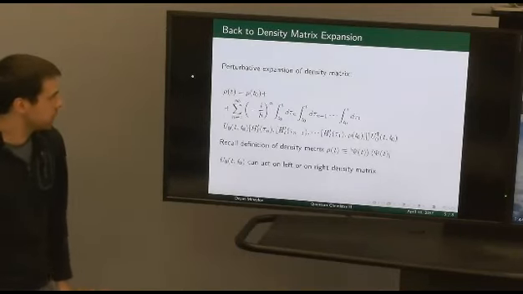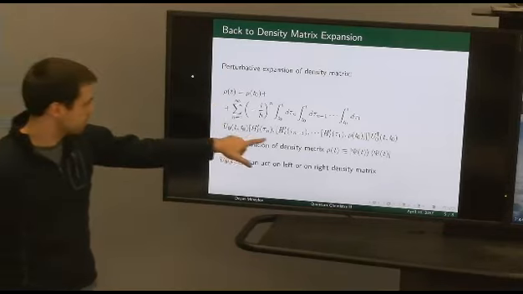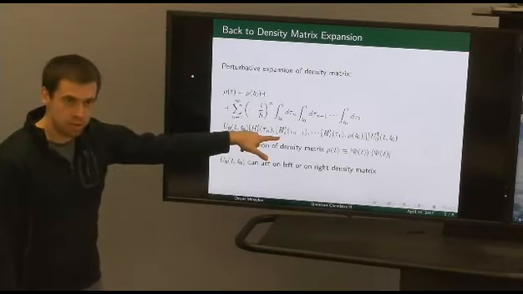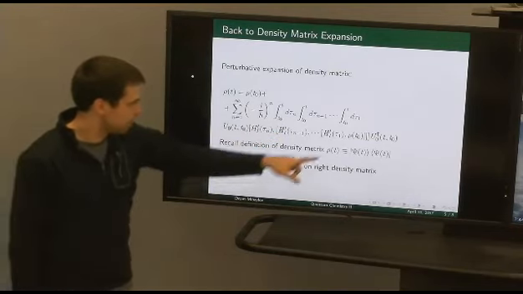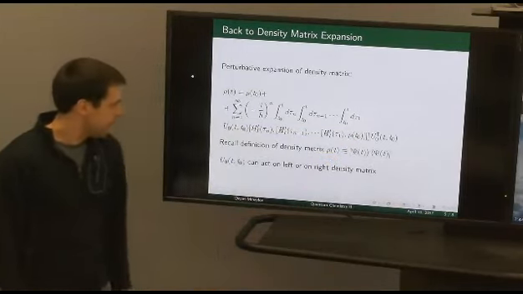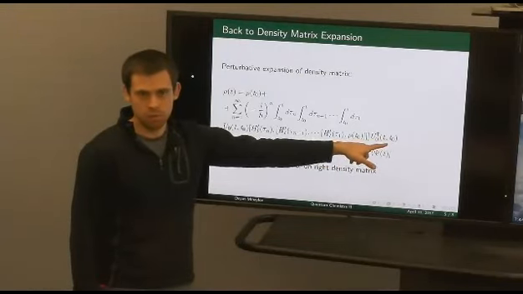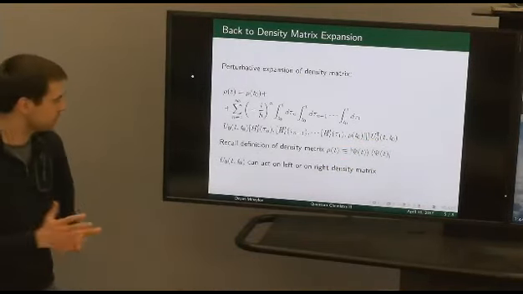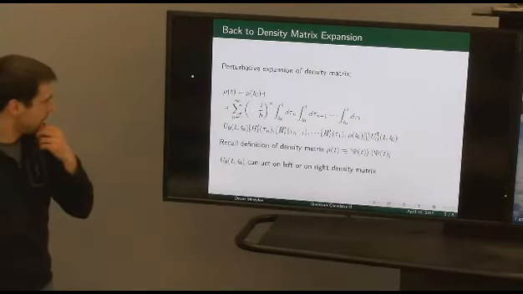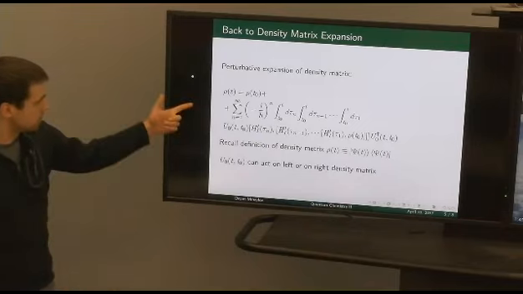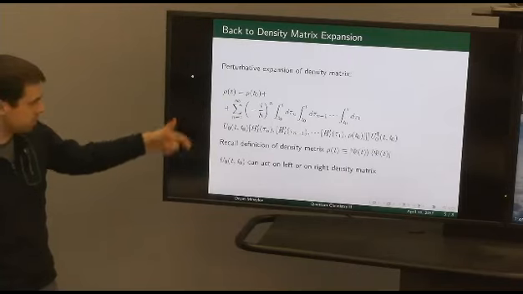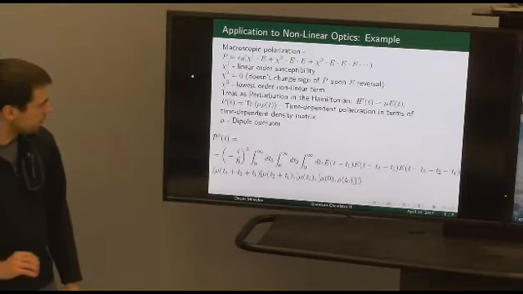So with this, you can expand the density matrix in terms of the perturbation in the interaction picture, which is known, your initial density matrix and your U0, which are also known because you know H0. So this is now at least doable. So this is the perturbative expansion of the density matrix, and this works.